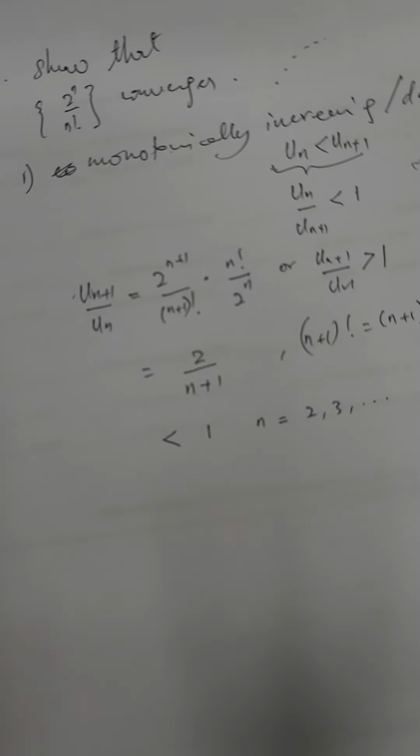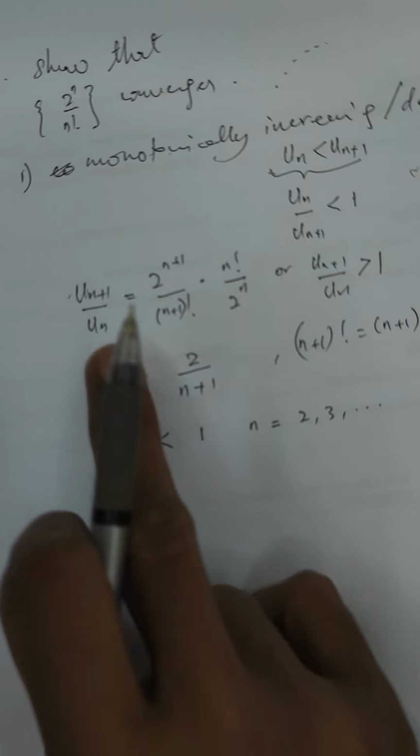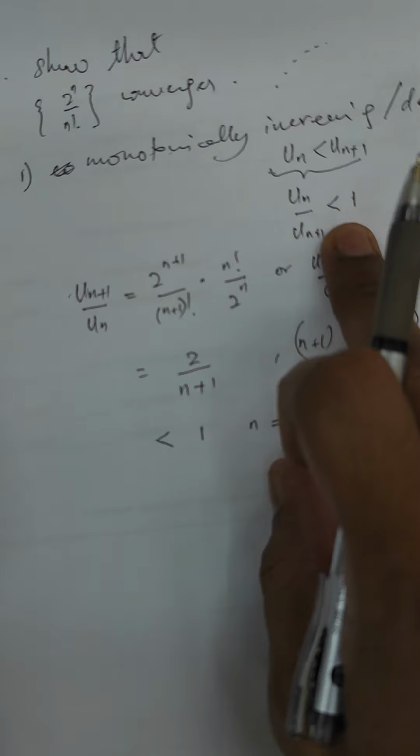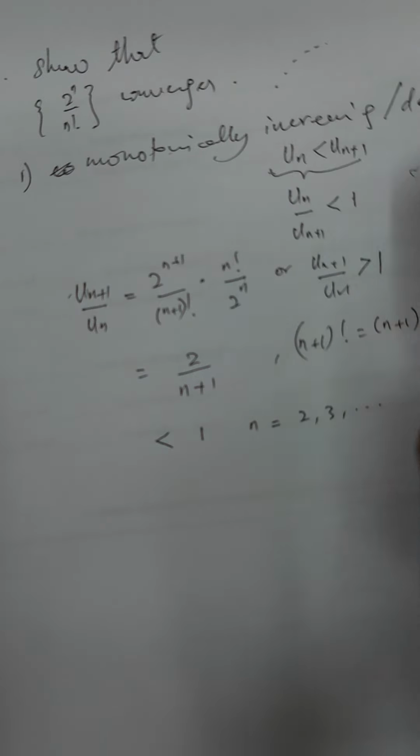Okay, so therefore u_{n+1} over u_n is less than 1, which means our sequence is decreasing. Is it increasing?